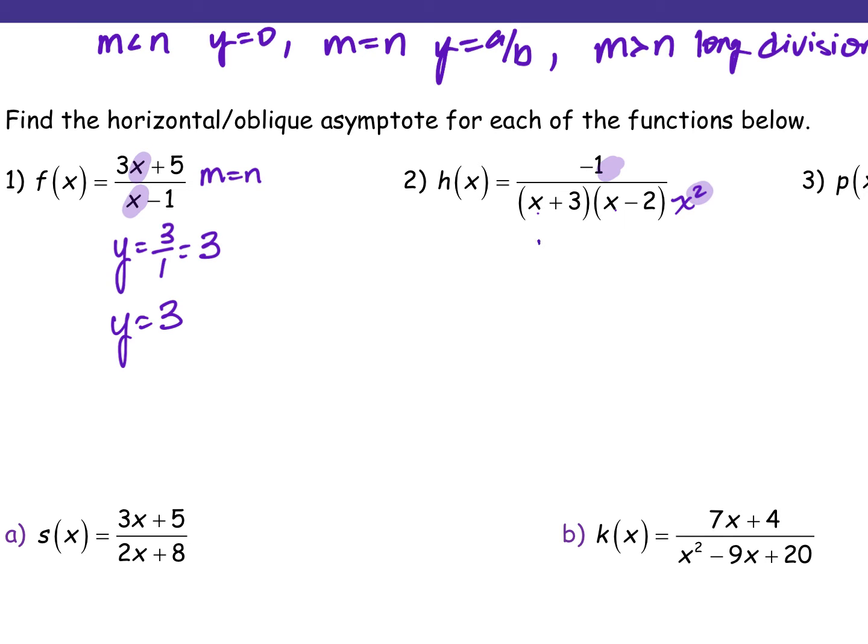That means that m is definitely less than n, so my horizontal asymptote is going to be y equals 0. I don't even need to multiply everything out. I just need to know that the bottom is x squared and the top is x to the 0th power, which is 1.